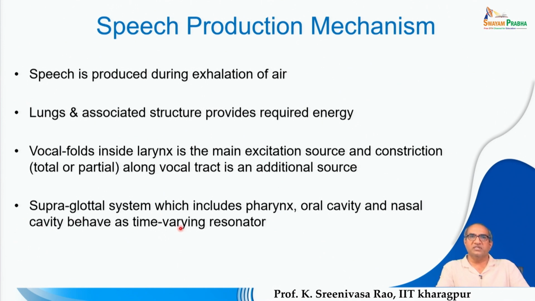The supraglottal system, which includes the pharynx, oral cavity and nasal cavity, behaves like a time varying resonator. Here the speech production system is modeled as a source and a system, where the system is the vocal tract. If vibration takes place at the vocal folds, the system above the vocal folds acts like a time varying resonator.